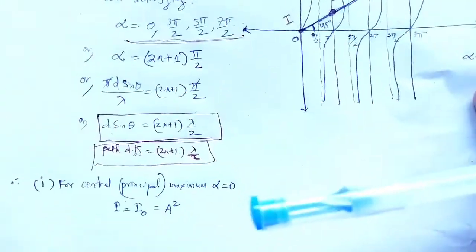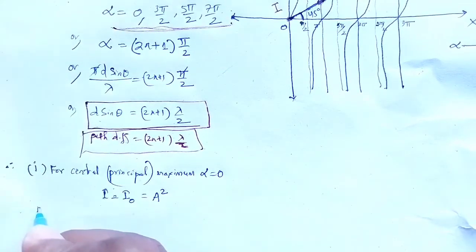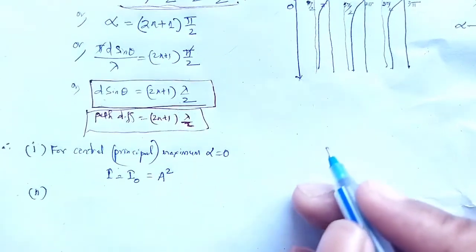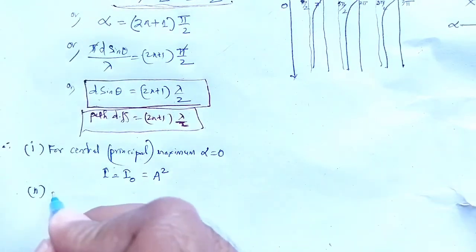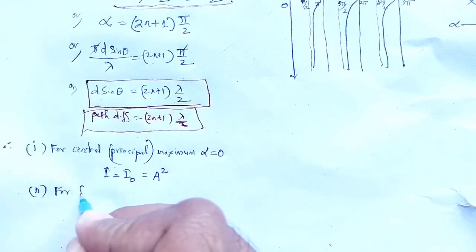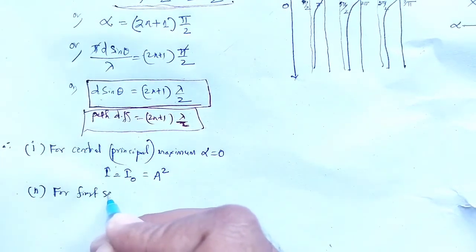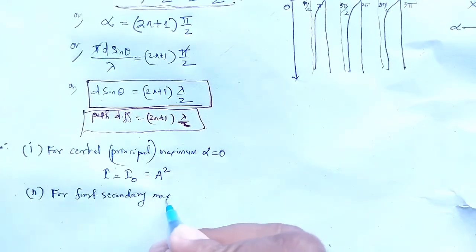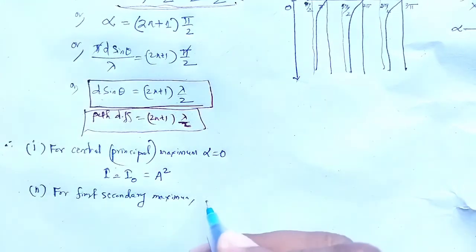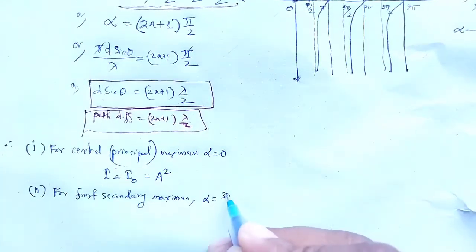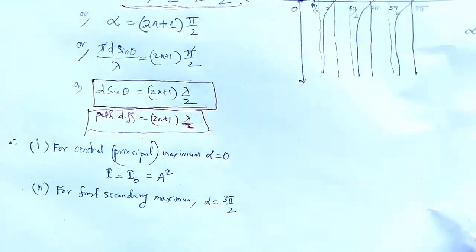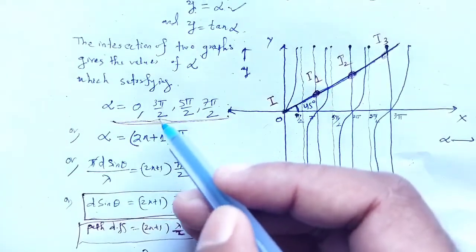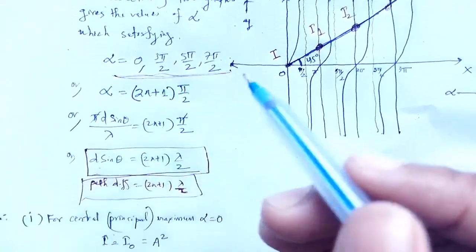Next, for the first secondary maximum, alpha is equal to 3 pi by 2.